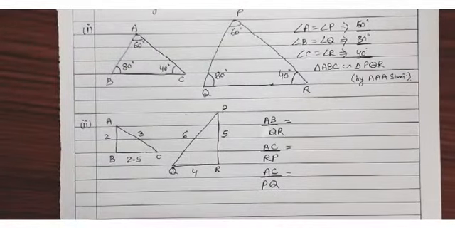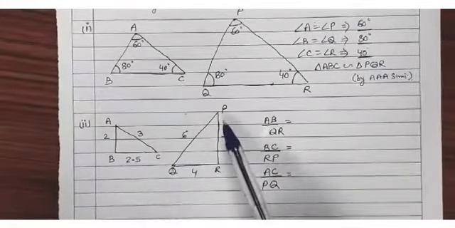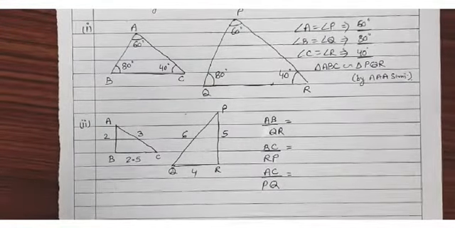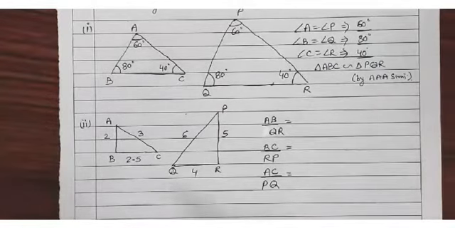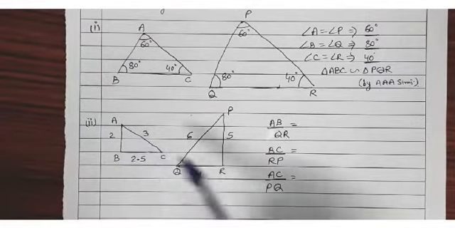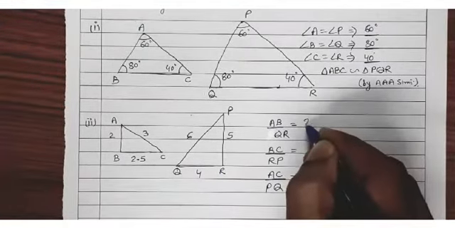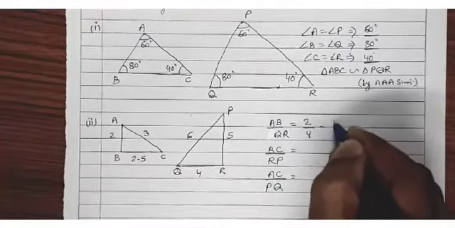In the second part, just you see, two triangles are there, ABC and PQR. I am trying to get the ratio between them. See, AB is 2, QR is 4, this is 1 by 2.